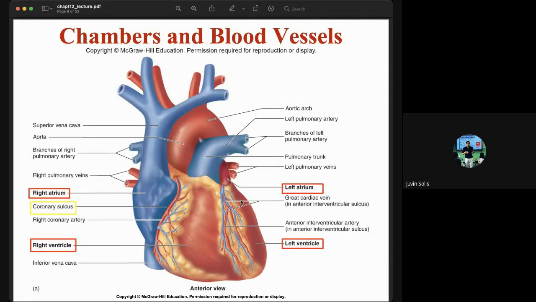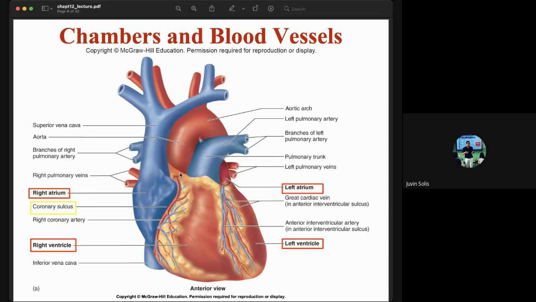So here we have your left and right atrium, and the one that separates them is your coronary sulcus, and then sa lower part ng heart ay yung ating ventricles. Again, your LA, left atrium, RA, right atrium, LV, left ventricle, and your RV, which is your right ventricle.